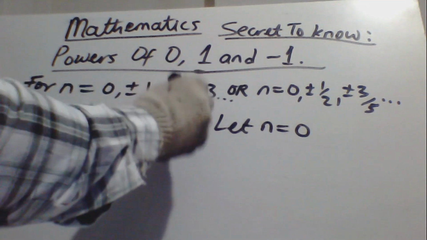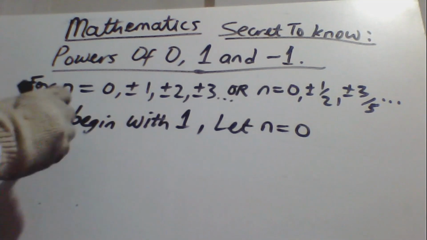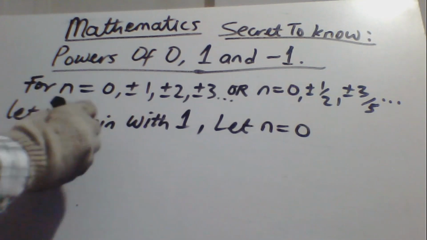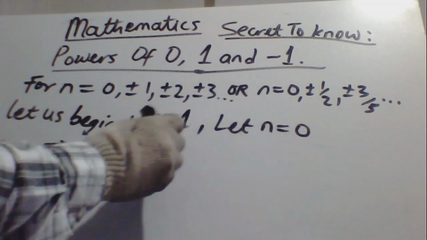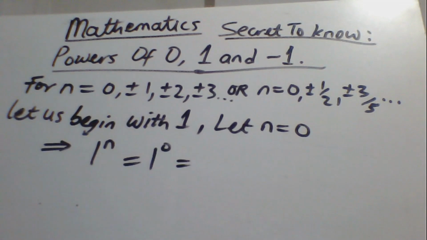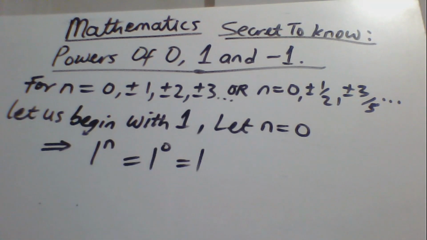In this case, let n be equal to 0, and this implies that 1 raised to power n is equal to 1 raised to power 0. So what is your answer? 1 to the power of 0 will give us 1. So that is the secret.